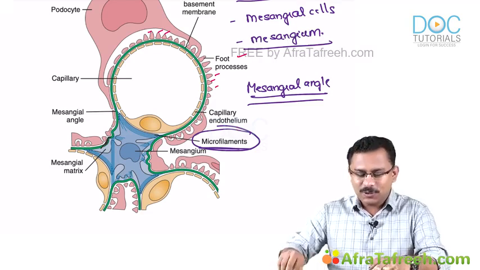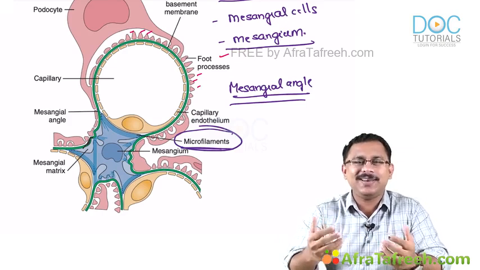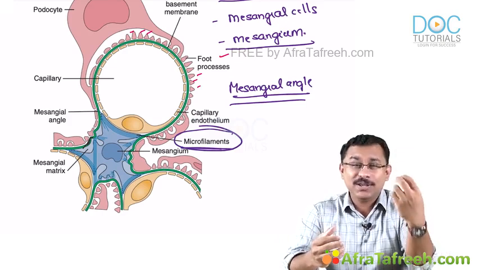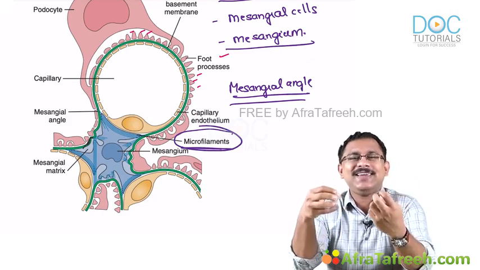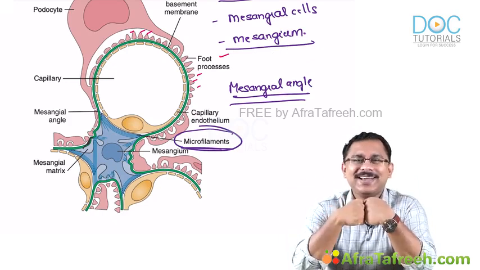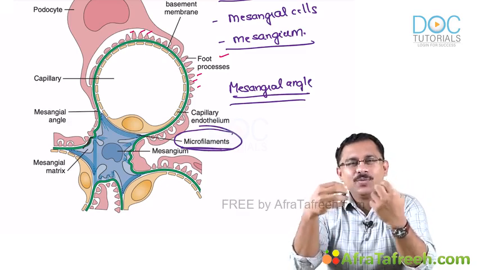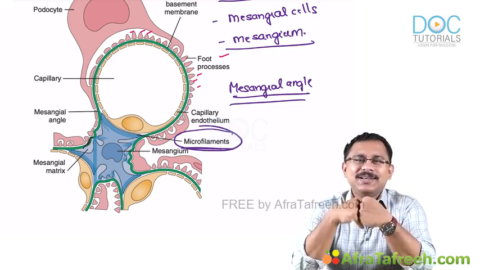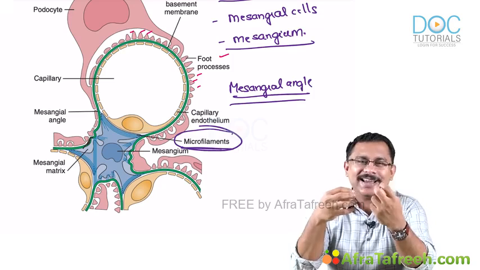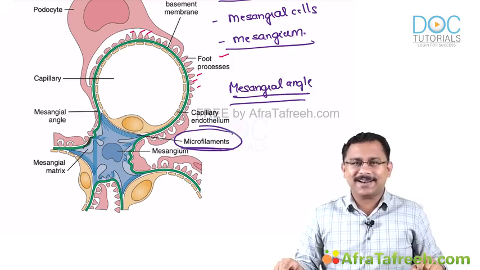So the glomerular basement membrane is the unit that contributes to the effective contractility involving the mesangium. Why did I say that? Because the glomerular basement membrane, by virtue of the microfilaments, is attached to the mesangium. So the mesangial contractility is again dependent on your glomerular basement membrane because of these connections.